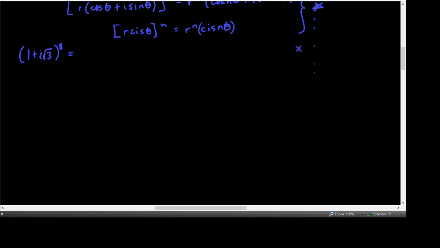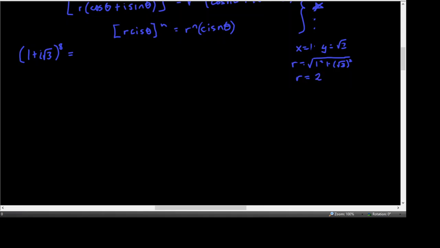The x is 1, the y is square root of 3, and so r is the square root of x squared plus y squared. So r is the square root of 4, which is 2.